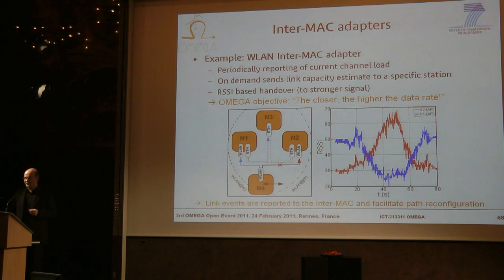For example, we have developed a wireless LAN InterMAC adapter, which is able to periodically report the current channel load. So this is the time the air channel is occupied. And on demand, it sends link capacity estimates to a specific station. So we have developed an algorithm which allows to take into account a certain modulation and coding scheme, which actually represents the data rate you are going to use.